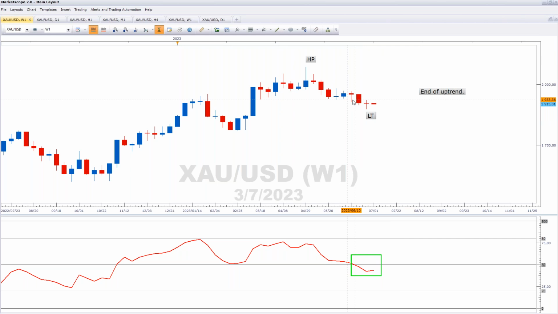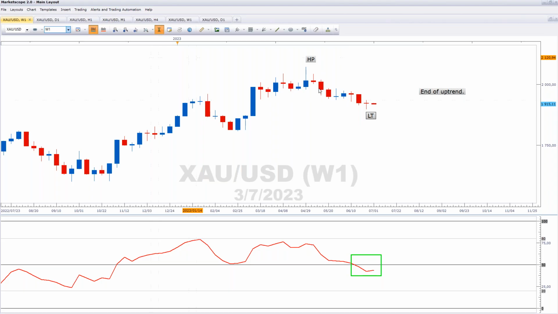So we haven't started a downtrend, but the uptrend's been cancelled in gold, and there is a slight negative bias with the RSI. It's below 50. The fact that the dollar is moving sideways, I think, is directly impacting gold, and that's why we don't have any peak and trough to determine whether gold is trending.